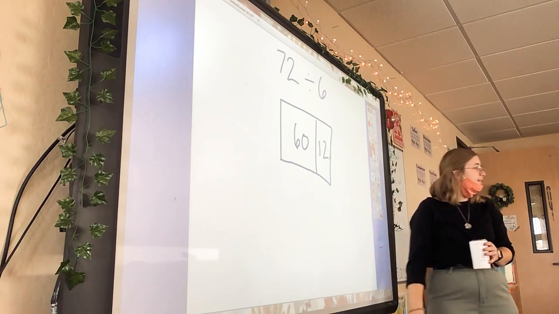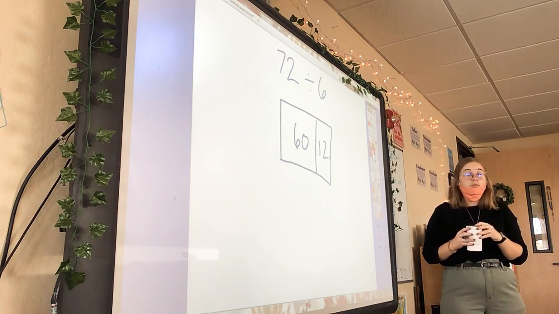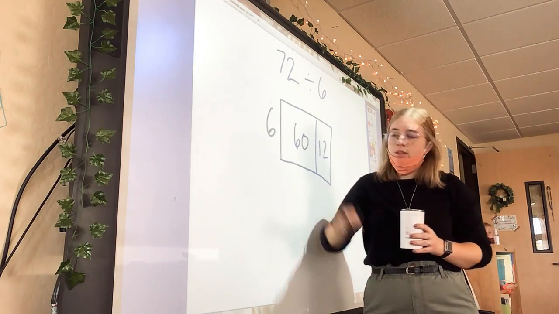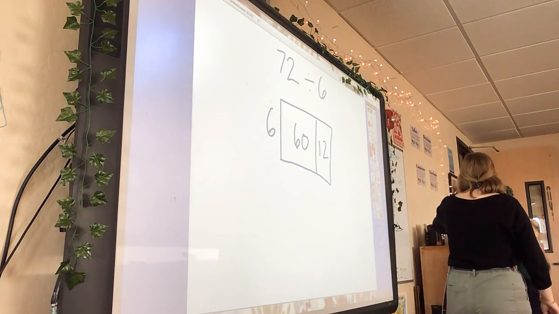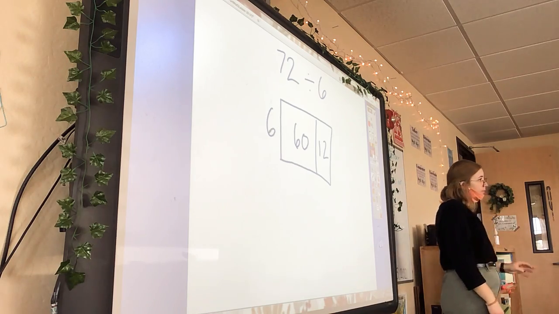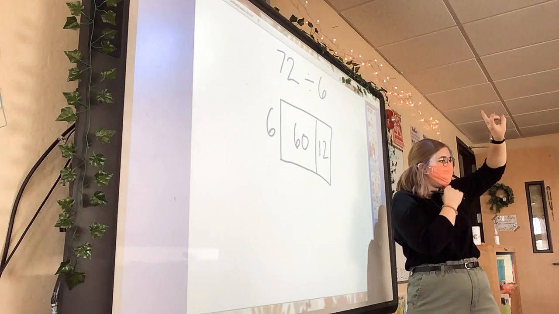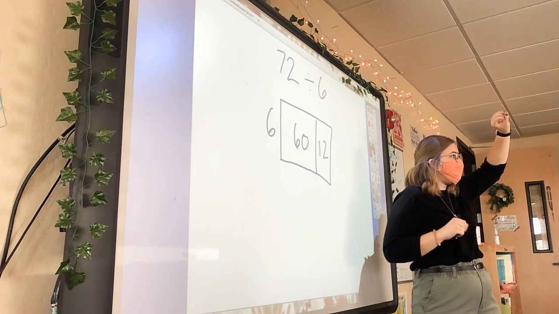So you should have gone to this step next. What are we dividing by, friends? 6. 6 times 6 is 10. All right, give me 5, 4, 3, 2, 1, 0.